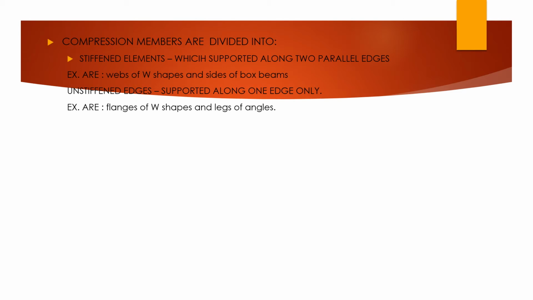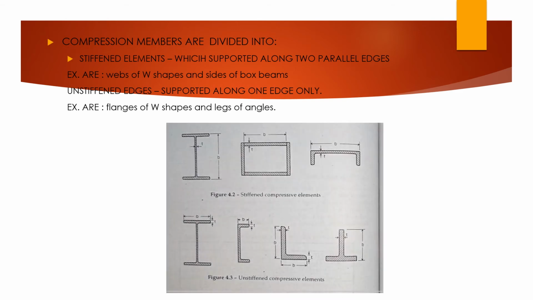And second is unstiffened elements, supported along one edge only. Examples are flanges of W shapes and legs of angles. So, here is the illustration. The upper one is the stiffened element and the lower one is the unstiffened element.